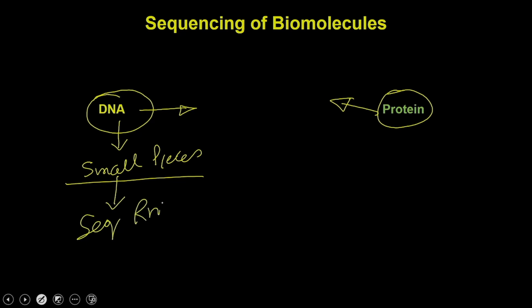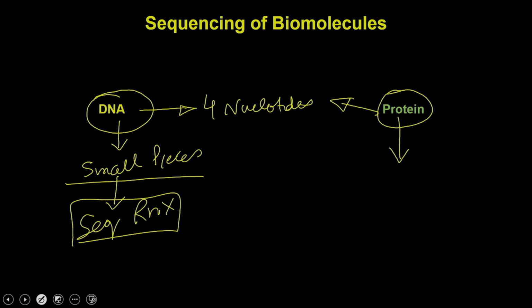The sequencing reactions could be different for the DNA and different for the protein. Similarly, you know that the protein is made up of 20 different types of amino acids, whereas the DNA is made up of 4 nucleotides.